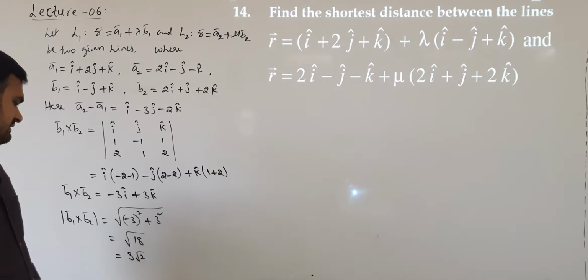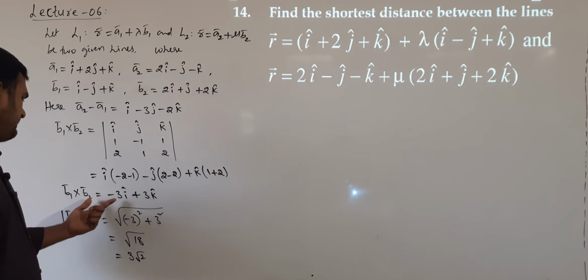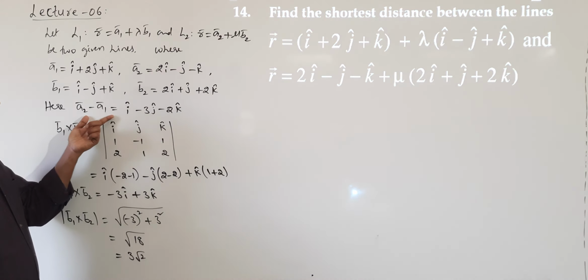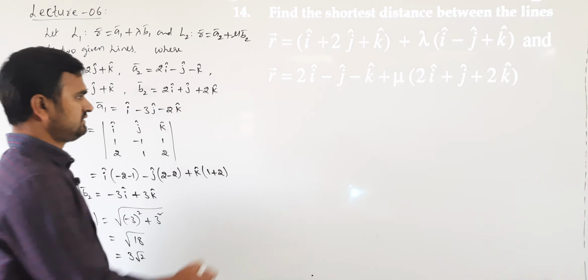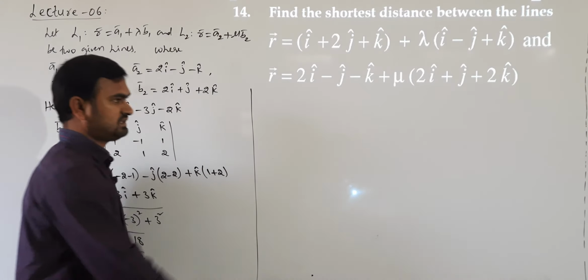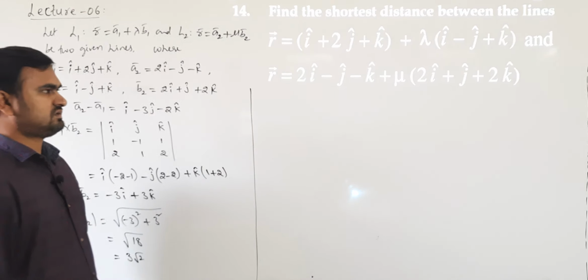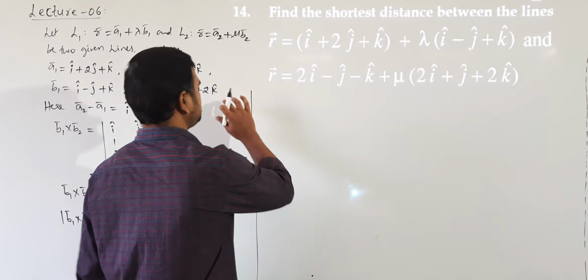So we know the magnitude of b1 cross b2 is 3 root 2, and b1 cross b2 we know, and a2 minus a1 we know. Since these lines are not parallel, we will find the distance between skew lines.